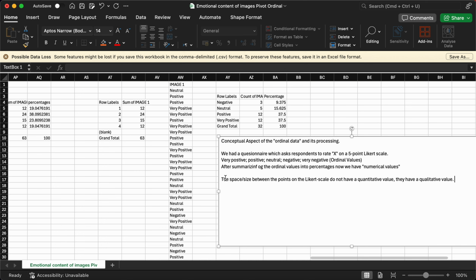If I ask, what is the difference between positive and very positive? You can say there is a difference. Very positive is higher than positive. But how much? This is a wrong question. You cannot ask this.